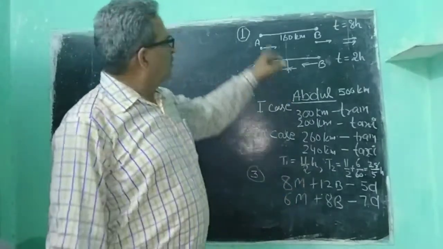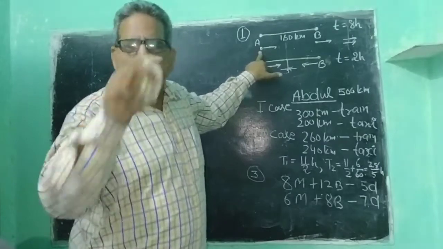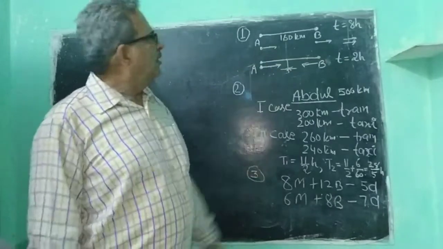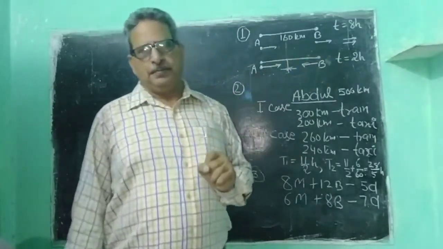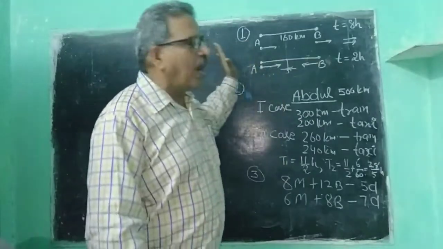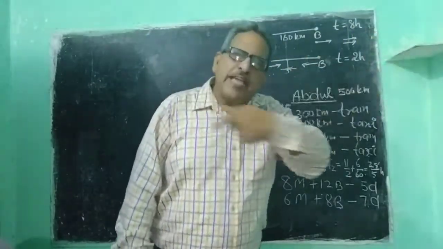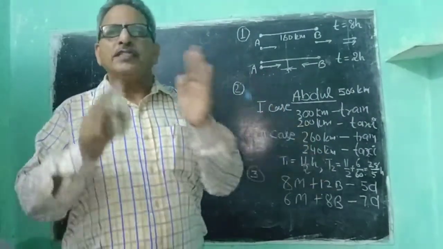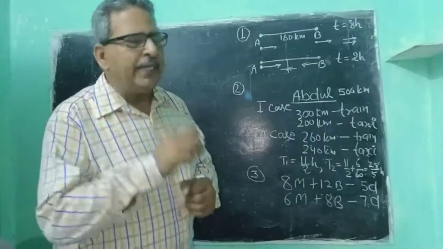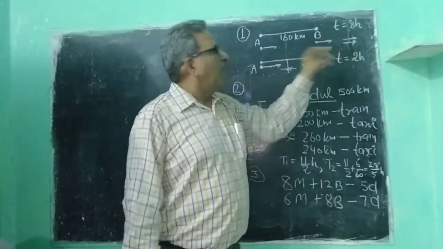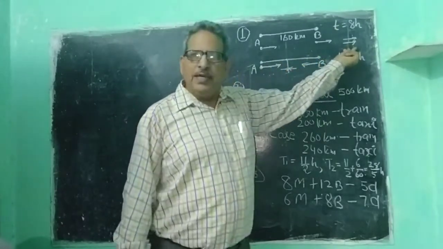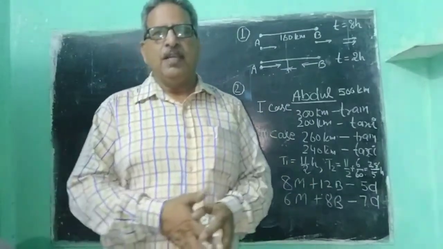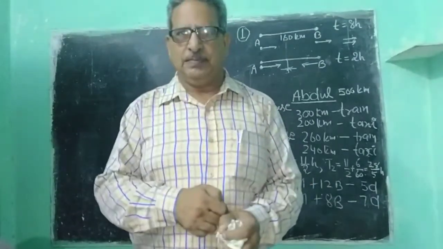One car starts from station A, and at the same time the second car starts from B. Both the cars are moving in the same direction, and they meet after 8 hours. This is the first case.